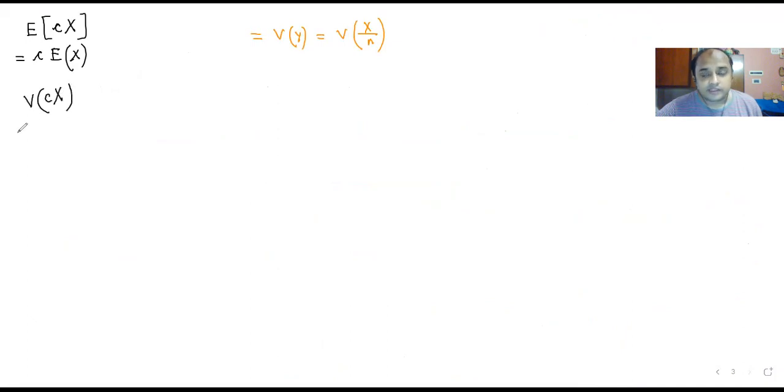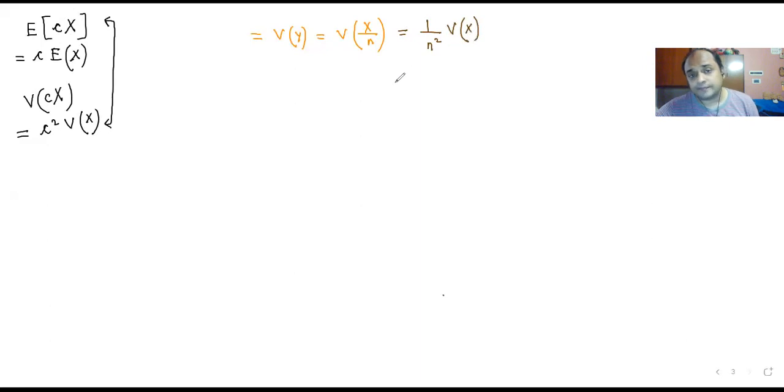We know that variance of CX is equal to C squared variance of X. There is a difference between these two formulas. In expectation, C comes out as it is, but in variance it comes out squared. So we can apply this formula and write it as 1 by n squared times variance of X.